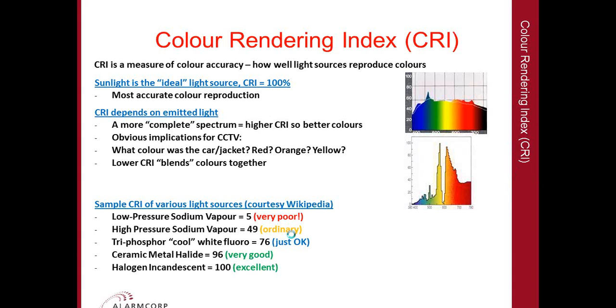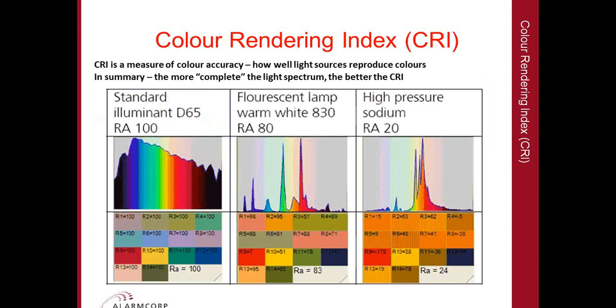Now to look at the impact of color rendering index, we see here on the left a light source with a fairly complete spectrum, and you see the color patches being discernible as each one a fairly unique color. Even the two purple patches, you can make out that they are two slightly different colors. If you look at a fluorescent lamp, typically fluoro, you will see that the colors are slightly distorted, that all of the colors look a little bit different, and that already we see some of the colors are blending into each other.